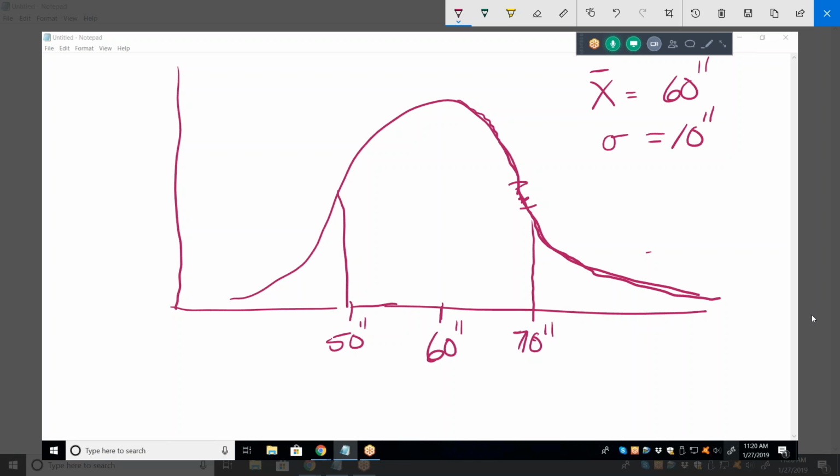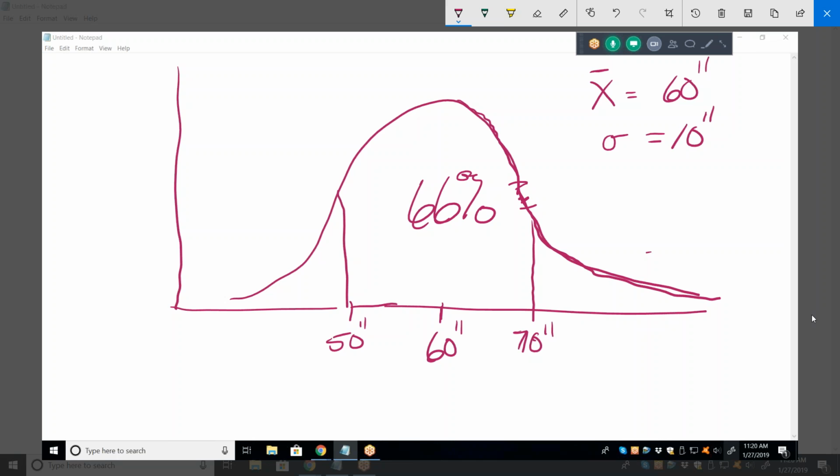Okay? So if you were to pick a woman out at random, because the area under that curve is 66%, you would have a 66% confidence level that she was 60 inches plus or minus 10.